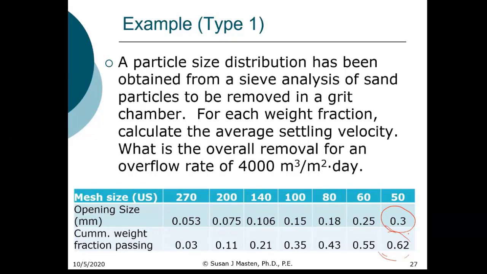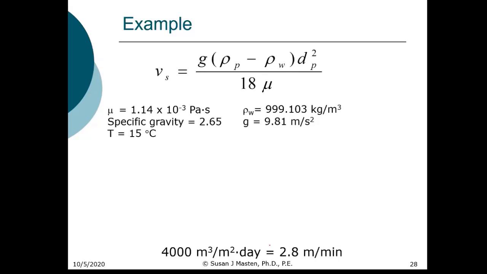So you can see we've got a series of sieves, and the lower the number, the larger the opening. In order to do this analysis, we will determine the settling velocity of the particles. Now remember, we have multiple sized particles.